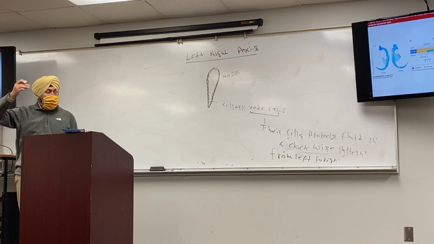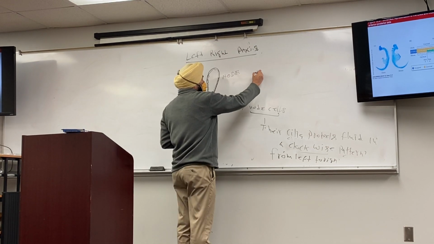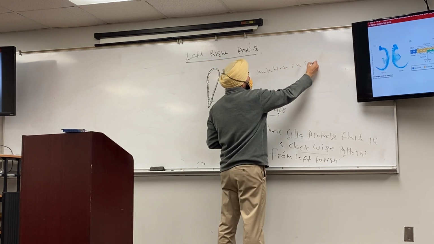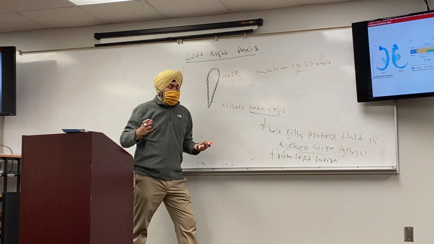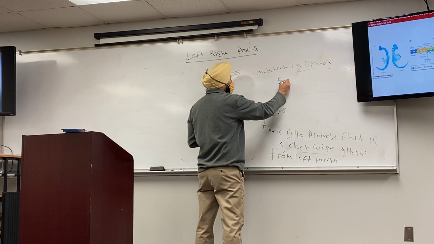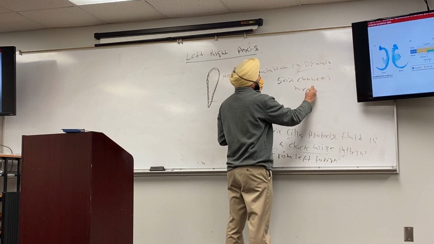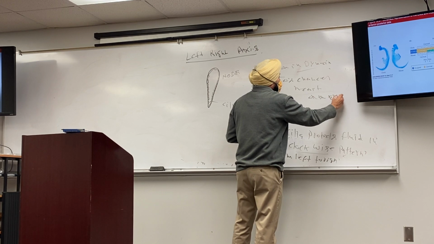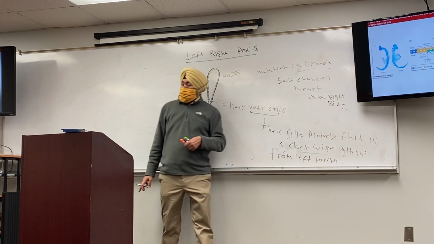So if people have a mutation in dynein, we say 50% chances of heart on the right side. Okay.